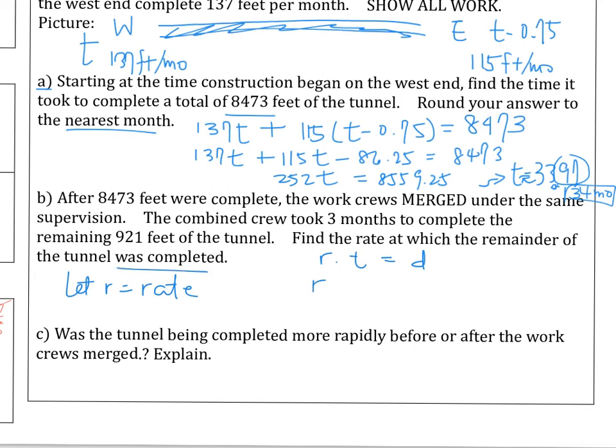So I'm going to find out what R is. We're given 3 months, and the distance will be 921. And after dividing 921 by 3, you should get 307 feet per month.